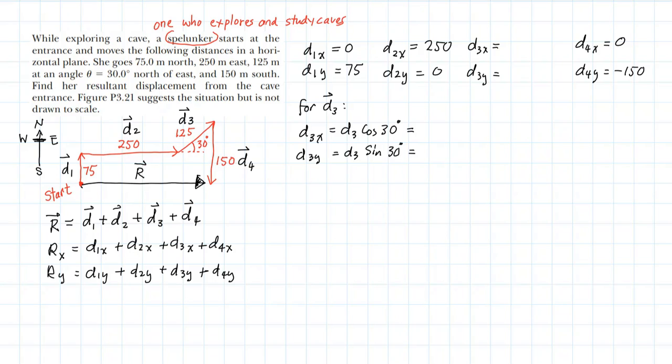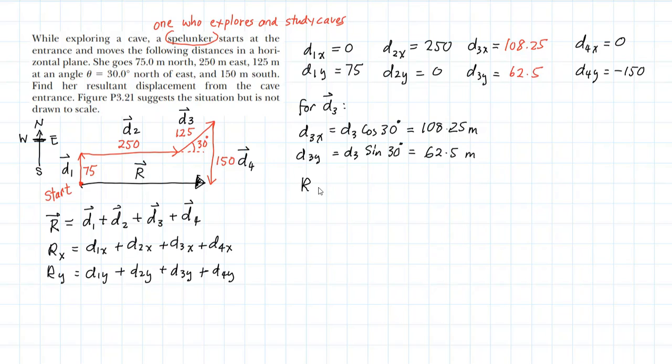D3x equals D3 cos 30 degrees, which is 108.25. D3y is D3 sin 30 degrees, which we get as 62.5. So we fill up the D3x component, 108.25, and D3y, 62.5.